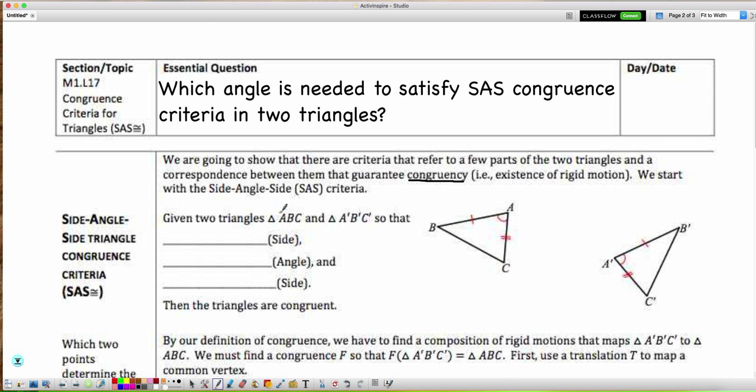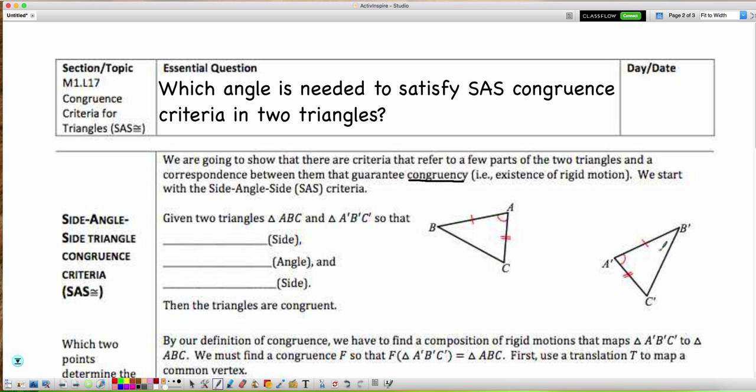Given two triangles, ABC and A prime, B prime, C prime, as in this image. In order for the SAS congruence criteria to work, we want to see that both triangles have two pairs of sides that are congruent, and that the angle between those two sides, the angle formed by those two sides, is also congruent.